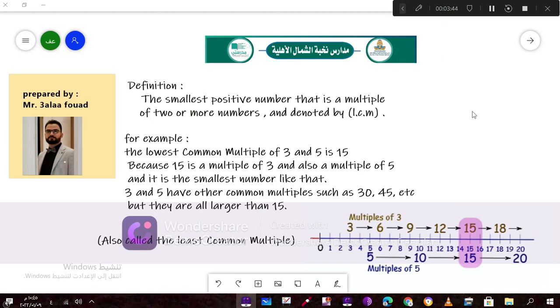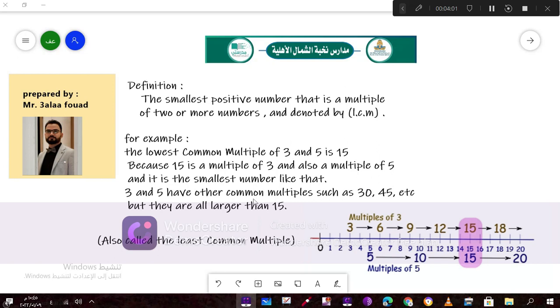A definition of LCM can be formulated as follows: the smallest positive number that is a multiple of 2 or more numbers.